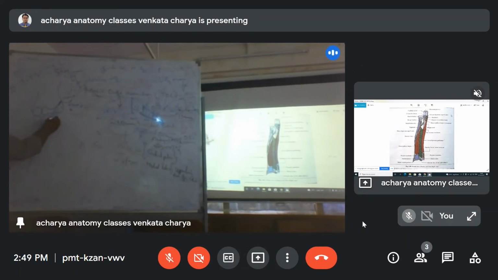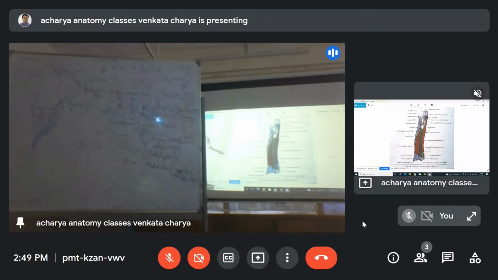And number 2, some fibers originate from the ulna, and some fibers originate from the anterior border, otherwise called the oblique line. So fibers are coming from here, like this, then there is a gap from here to here, and again fibers come like this. Are you getting? Yes. Then some fibers originate like this.